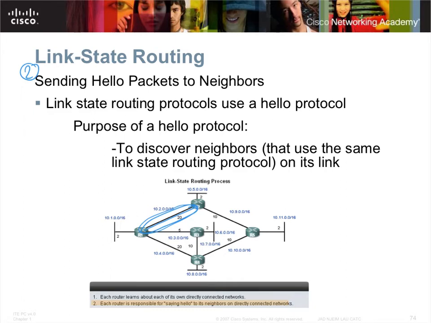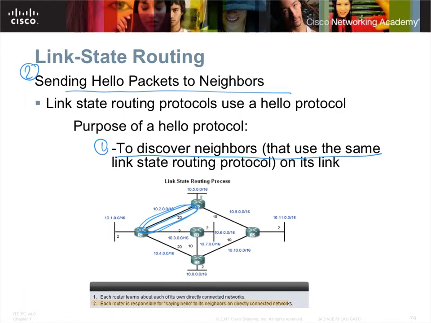So first, I need to discover who my neighbors are. Similar to EIGRP, I need to use the hello protocol. Again, hello packets are periodic and broadcast packets, similar to EIGRP. So the hello protocol is used for two things. It's used to discover who my neighbors are. First I need to know all the routers that I'm connected to physically, are they really my neighbors?